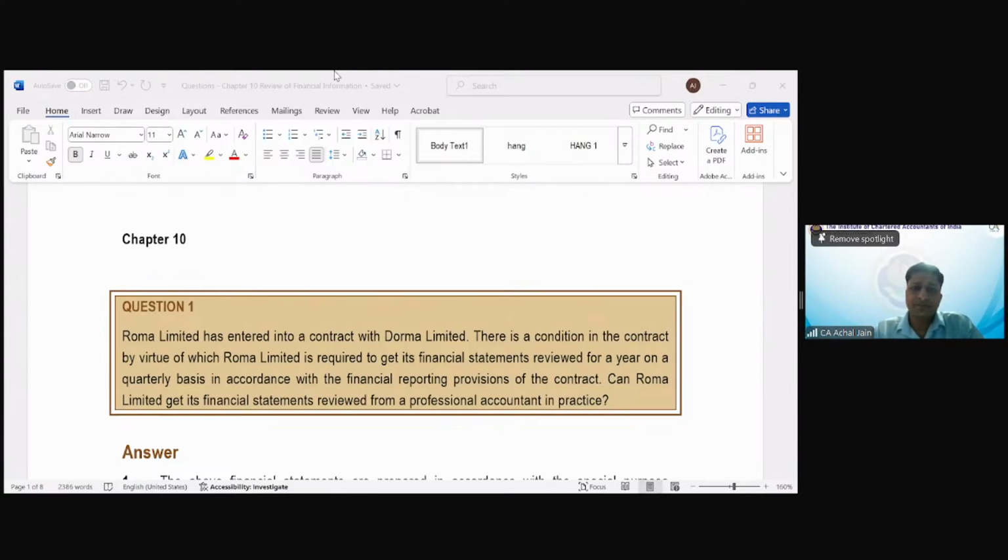Yes, sir. Okay. So when you say that it can be done, can you also refer to the auditing standard which will get triggered here? Which standard you need to go and refer? 2400. Very good. So in this case, which standard will get triggered? SRE 2400.